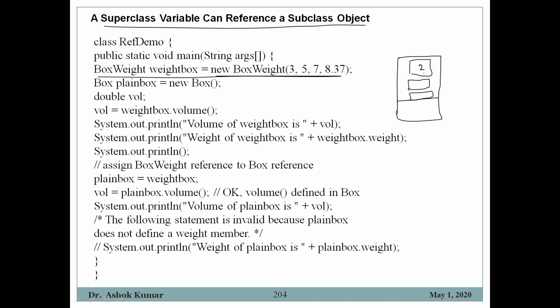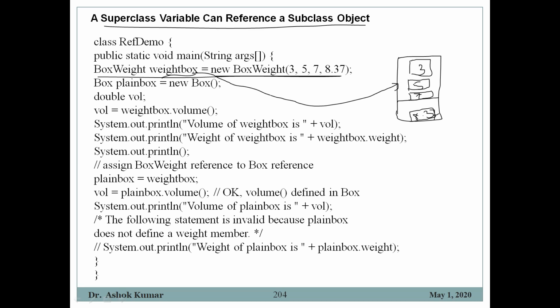So these are the values of the three members, that is width, depth, and height, and this is the weight box weight attribute, and its value is 8.37.